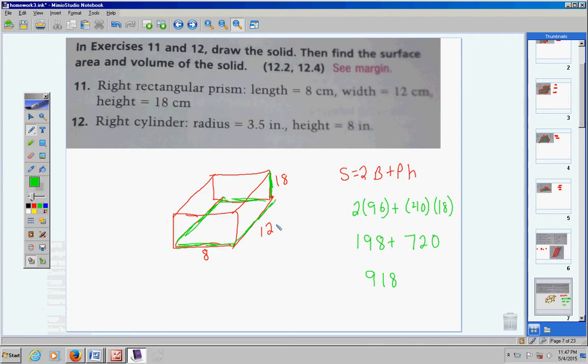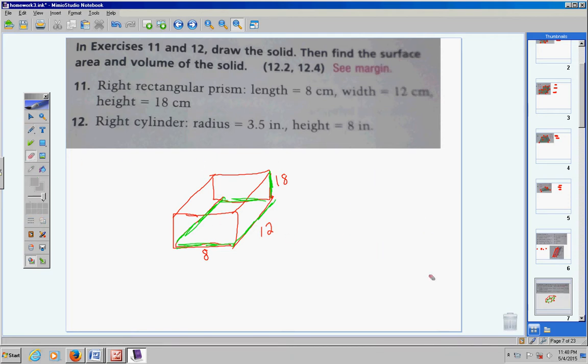I did make a mistake, and I'm glad that I checked for that. It just didn't seem like it was right. Right here, I did 2 times 96 in my head. It's 192. So when you add these two numbers together, you will get 912, not 918, okay? So there's the surface area. Capital S stands for surface area, and there we go.